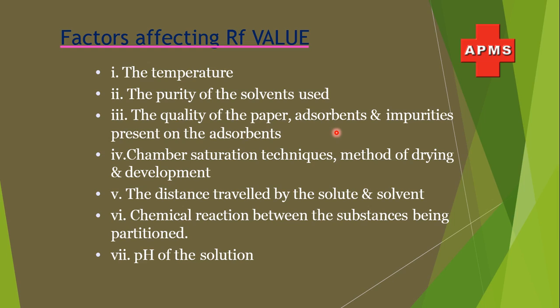So depending on the polarity of the stationary phase and its nature, this RF value will change, and also on impurities present on the adsorbent. The chamber saturation, techniques, method of drying and development. Whether our development chamber is saturated or not during this paper chromatography experiment also affects the RF value.